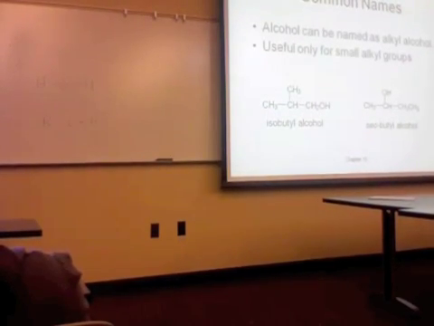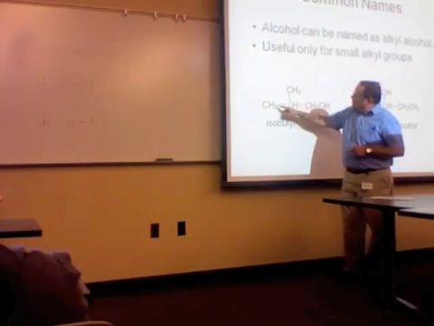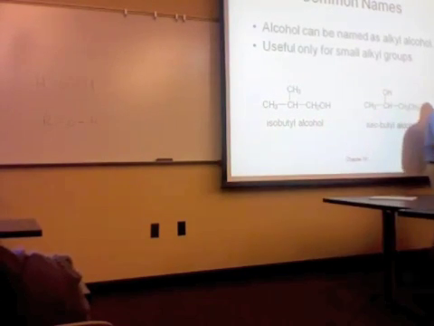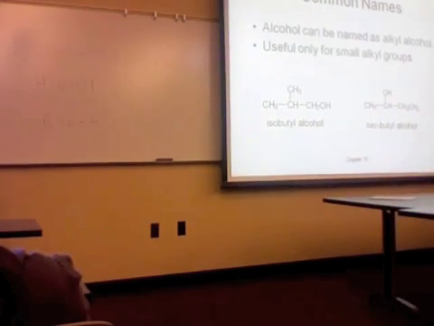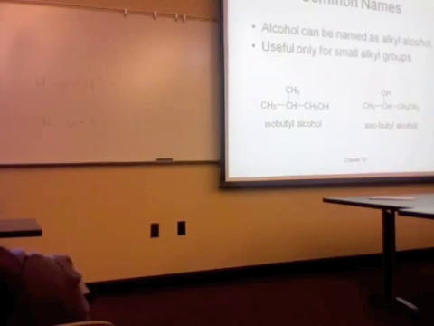And I could have isobutyl chloride, I could have isobutyl alcohol, I could have isobutyl anything. But this part is the isobutyl group. Notice that I've got a methyl branch, 1 carbon in. And isopropyl, isobutyl, all fit that pattern. That's what iso means. In this particular case, this is called sec-butyl alcohol.